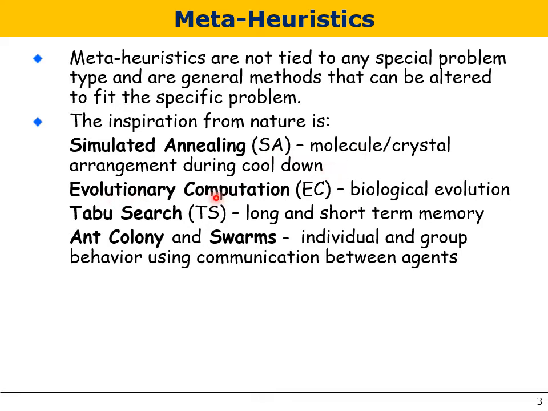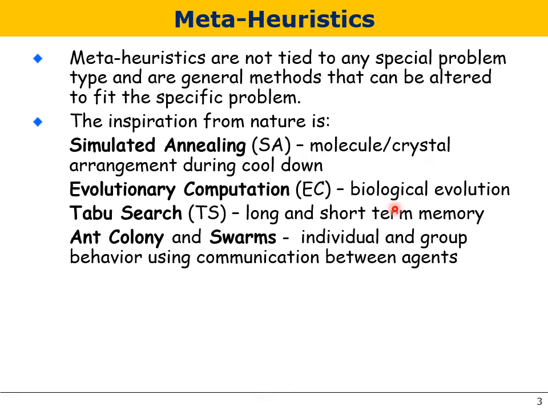Again, in evolutionary computation, genetic algorithms, for example, the principles of biological evolution are used: the crossovers, survival of the fittest, the mutation, the chromosomes, genes, all these properties of evolution are used to find the best solution. In tabu search algorithm, memory is used.